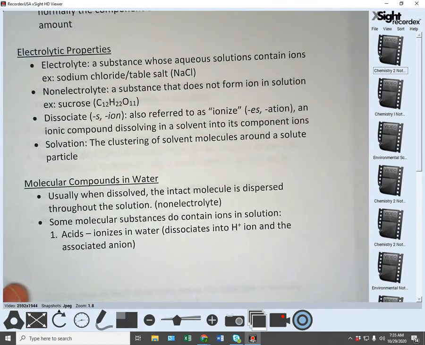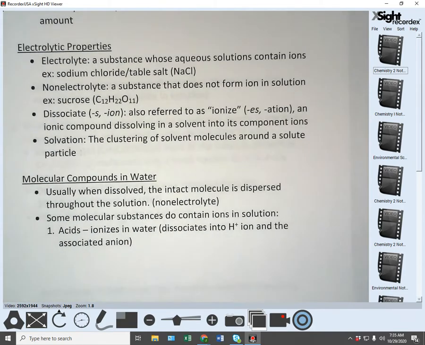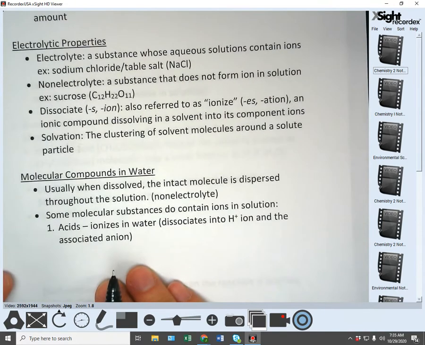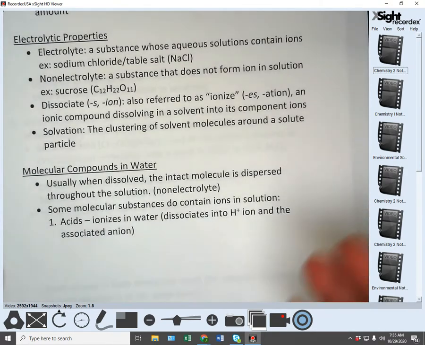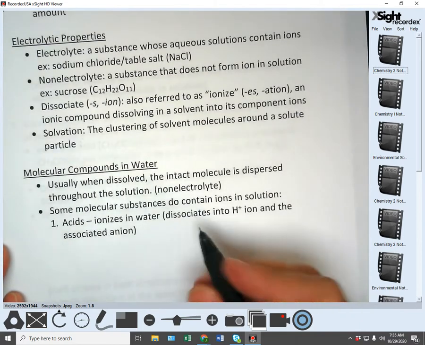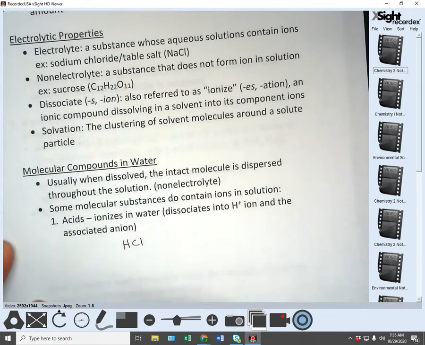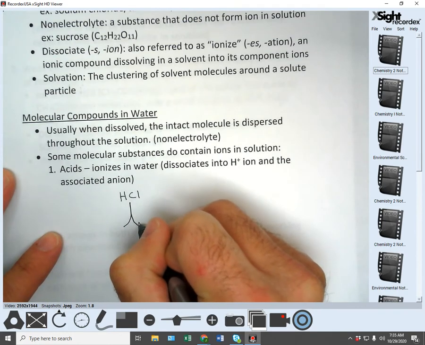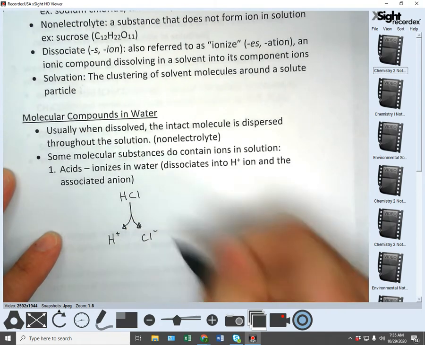Some molecular substances do contain ions in solution. One of those is acids. Acids are technically considered molecules, not ionic. However, if you recall back to when we made them, we made them as if they were ions, and they ionize in water. So you put something like HCl into water, and that's going to split up into its respective ions, H plus and Cl minus.